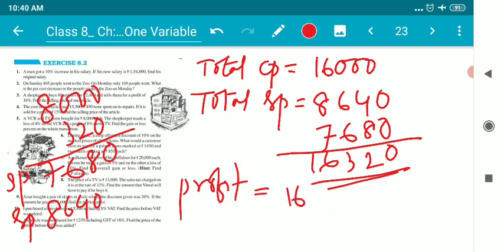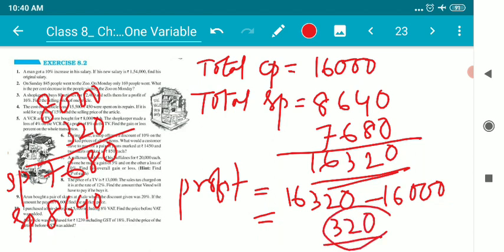Total selling price minus total buying price is 320. Although he made a loss on selling the VCR and a profit on selling the TV, overall he made a profit of rupees 320.